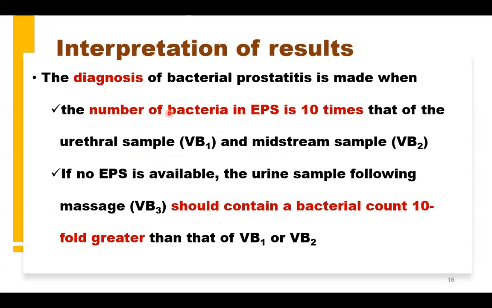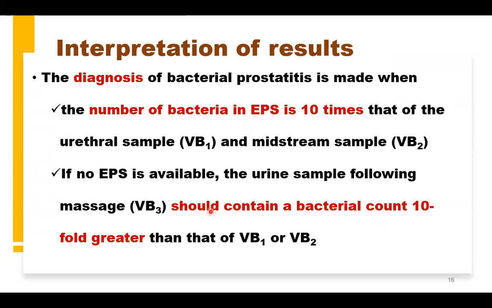The diagnosis is based on the number of bacteria that you have in the expressed prostatic secretion when you compare it to the initial voided VB1 and the midstream VB2. So you're going to do colony count for all the samples.